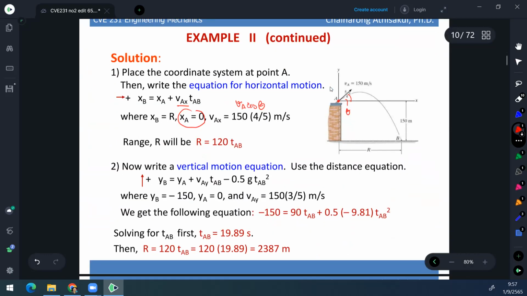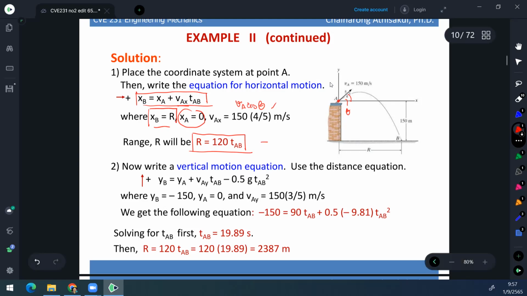So for this case, the velocity in the x direction is VA cosine theta, and xB is R. When we substitute these values into this equation, we have R equal to 120 t from point A to point B, where t is the time of travel from A to B, which is what we would like to find.